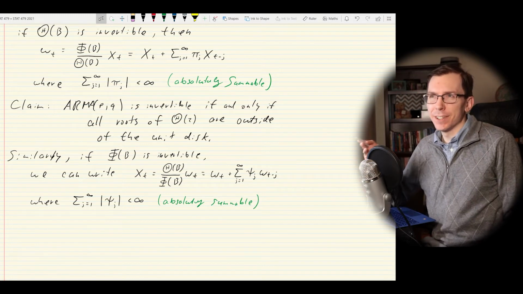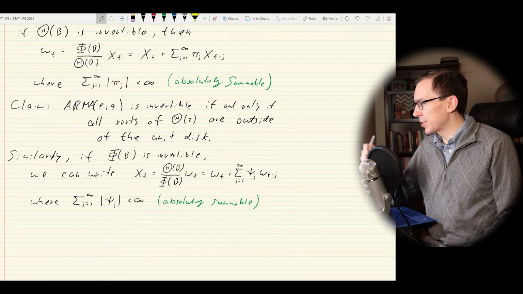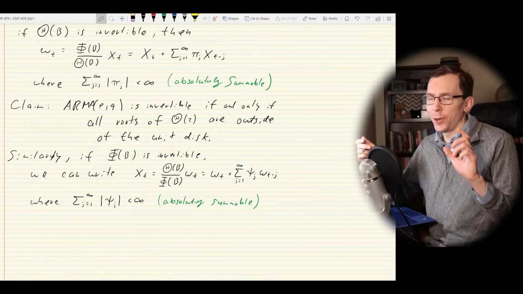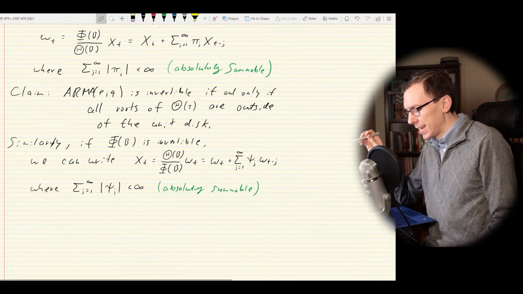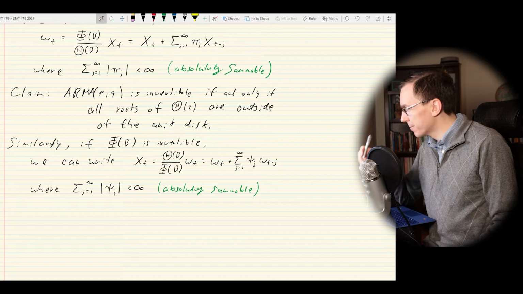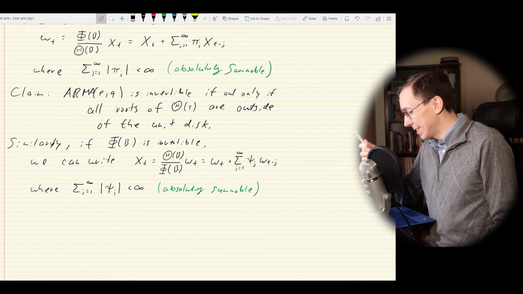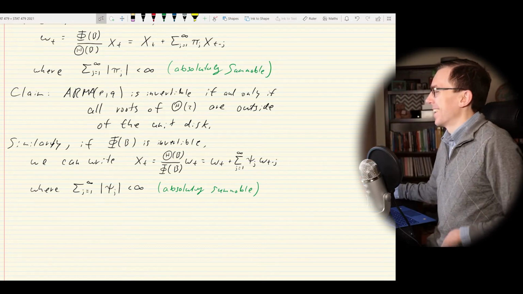That way you don't have any of those issues with conditional convergence or conditional summability if they had alternating signs or anything weird like that. We need a much stronger condition, which is that they sum up in their magnitudes like that. Okay, so we have that good summability condition on the phi, or the psi. I keep doing that. All right, we're going to get through this.